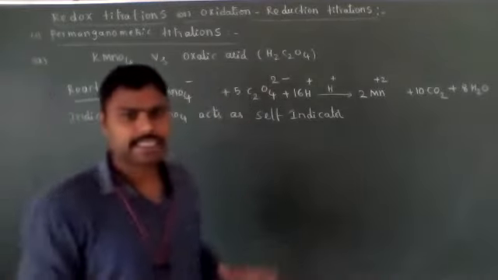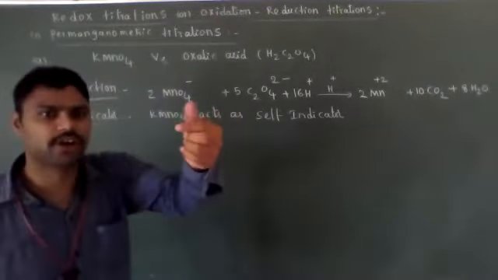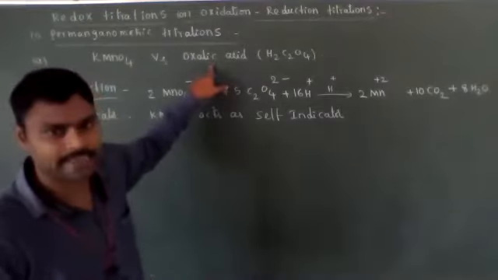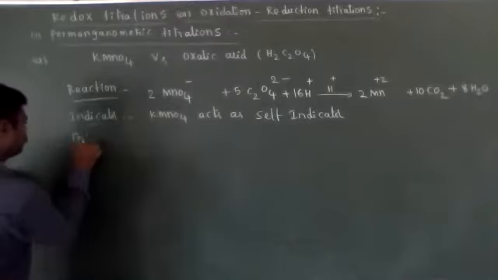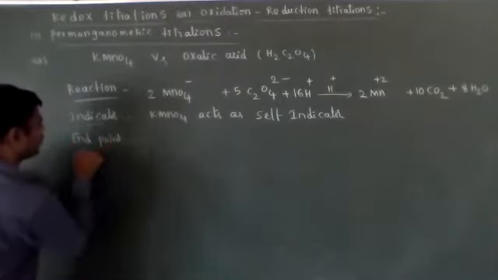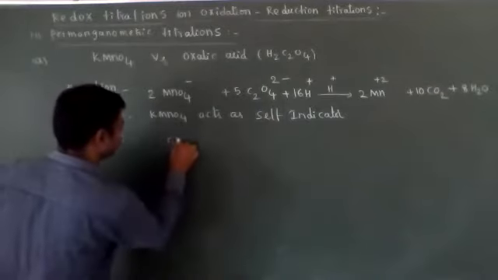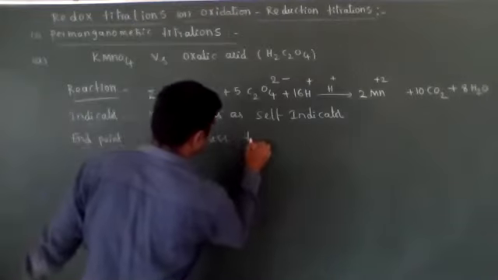When the titration is going on against KMnO4 versus oxalic acid, by the addition of KMnO4 dropwise to the oxalic acid solution, what happens at the end point? It changes from colorless to pale pink color.